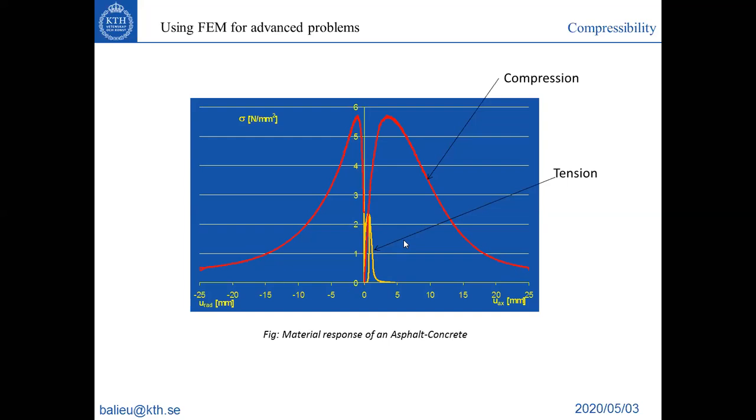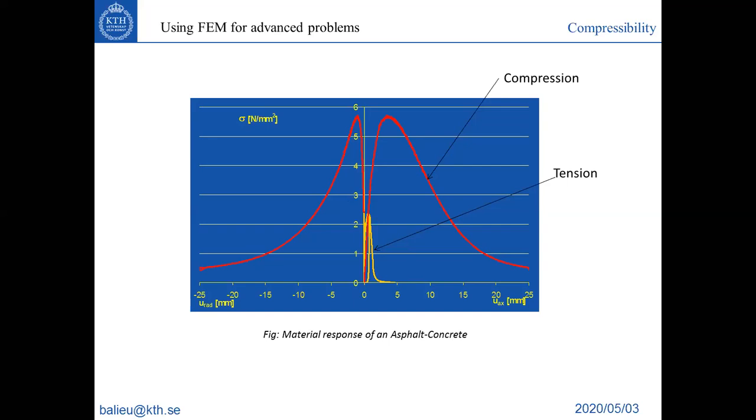But if you try to model the compression, you will also have the same curve, because the von Mises yield surface is not able to make this difference. So you will underestimate the behavior a lot. That's why it's very important to be aware of which yield surface and which test you have to perform to make a good simulation.